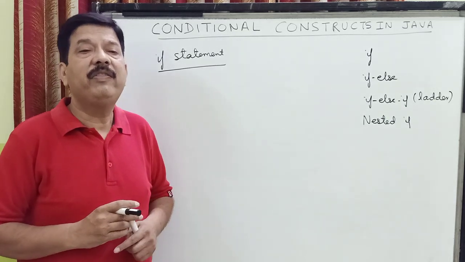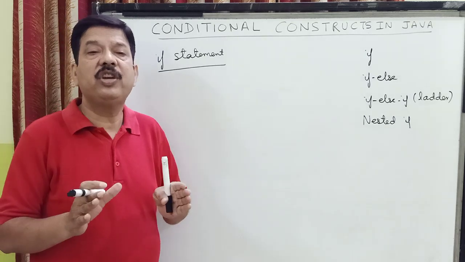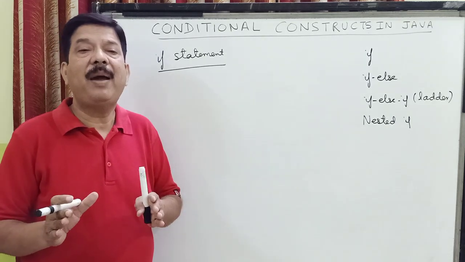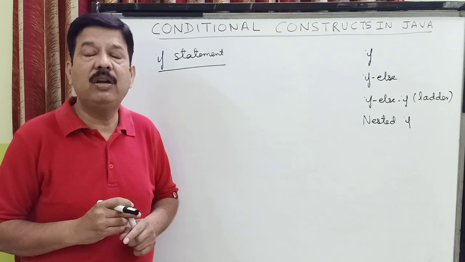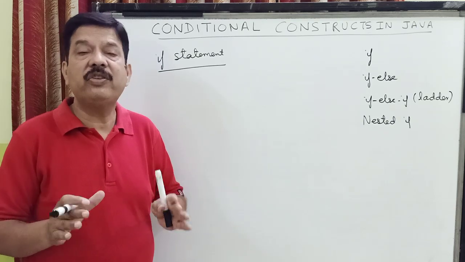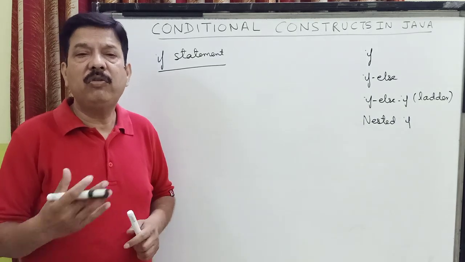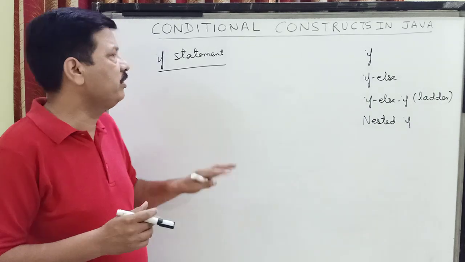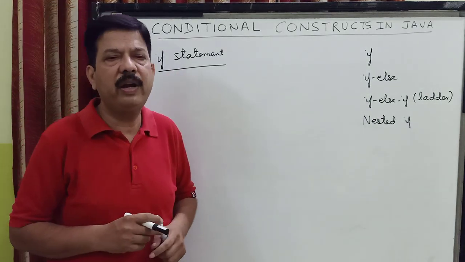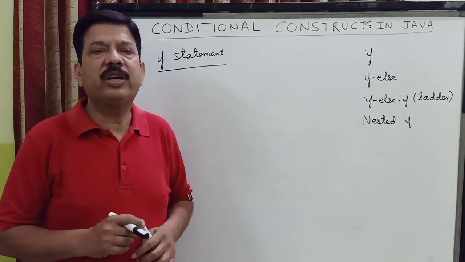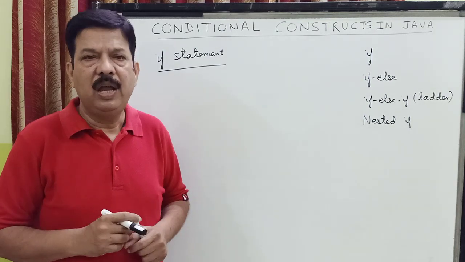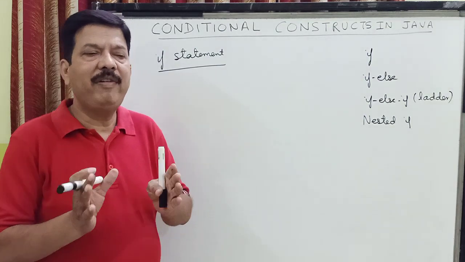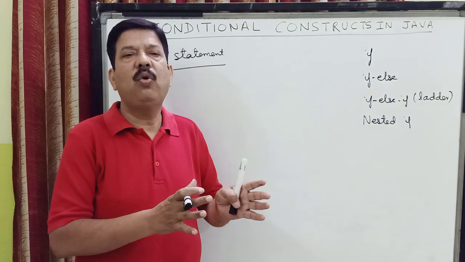And children, we say that the if statement is a decision making statement in a program, and it is used to take decisions in the program, and it is also called a conditional statement. Now children, when these statements get executed, we use a logical or Boolean expression, and according to the expression, the value returned is either true or false.